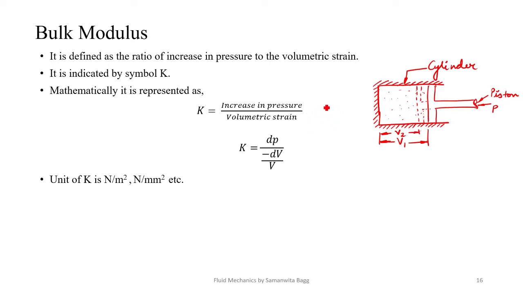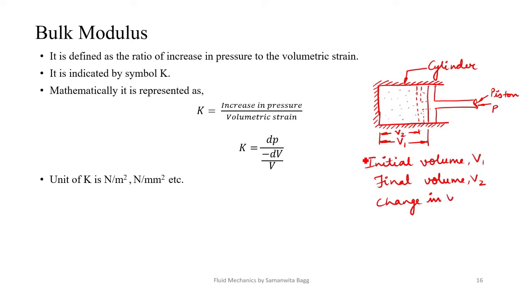So when I say the initial volume, and say the final volume after compression of the gas is V2, the change in volume is say dV.